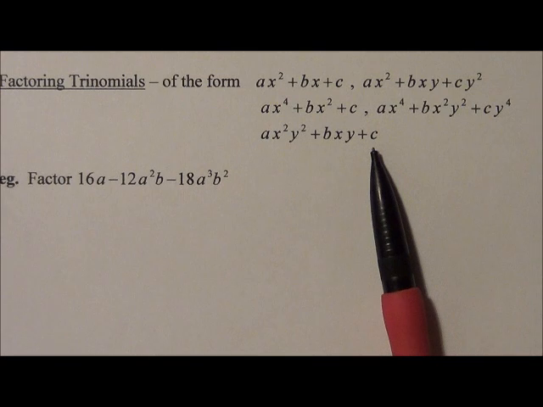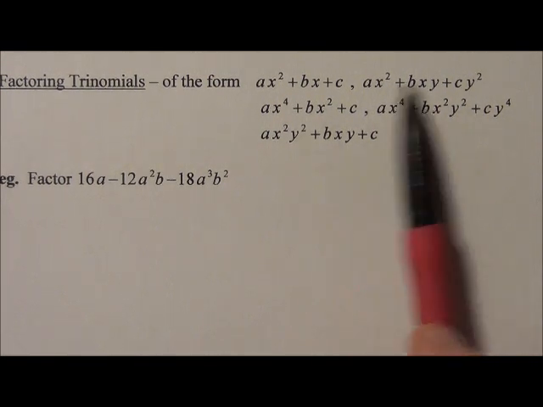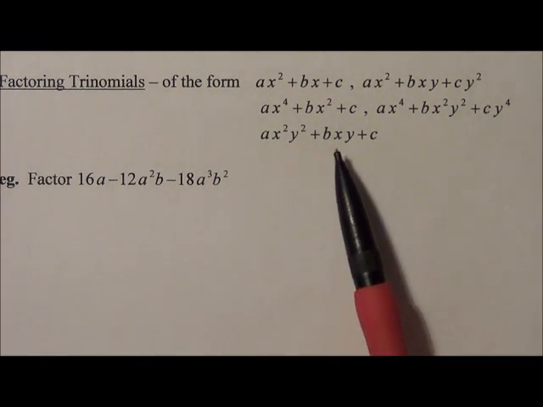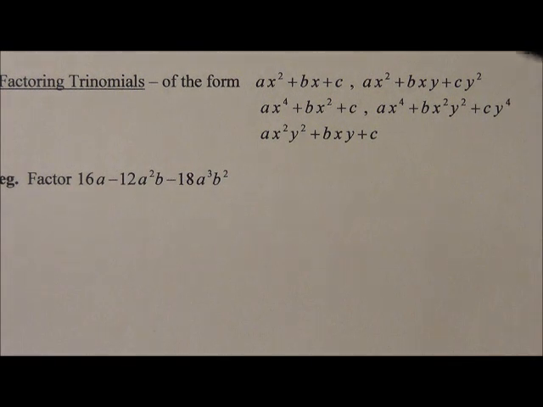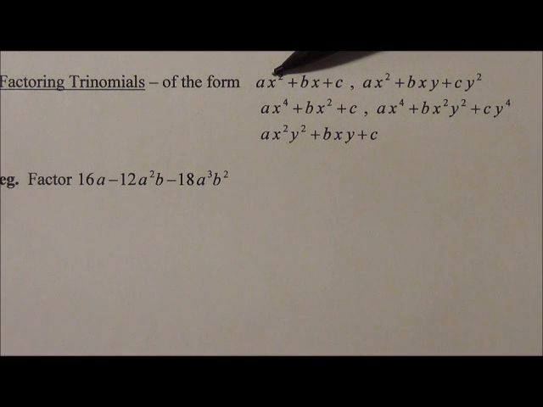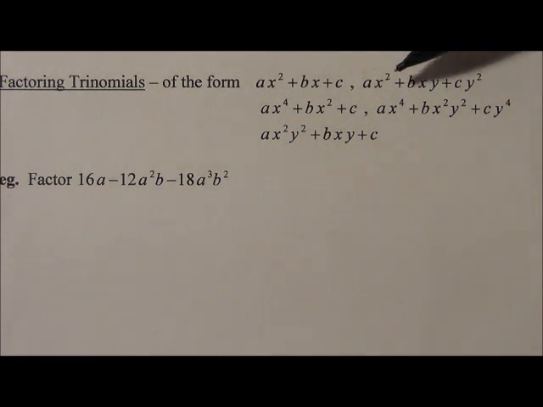There are basically 5 main types of binomials, trinomials. I'm sure there's many more, but here are the main ones that you'll see, where there's just one variable in the two brackets. Here there will be two variables in both brackets.